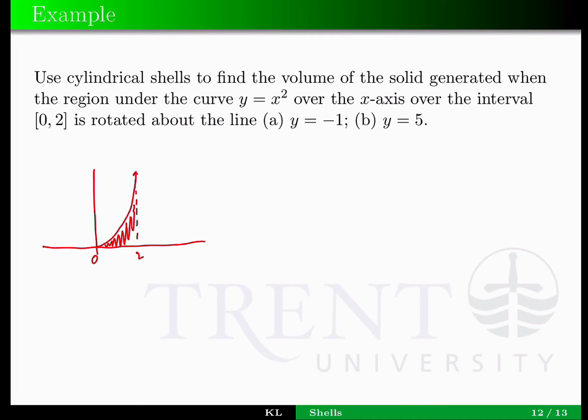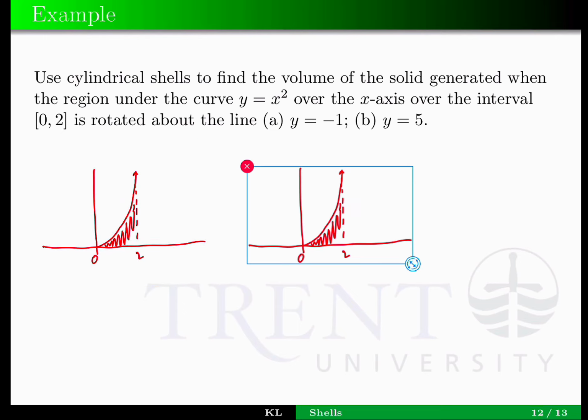And then we got two cases here. Rotate about line y equals -1, and then the other one is rotate about line y equals 5. So let me copy this part here. Copy, paste.